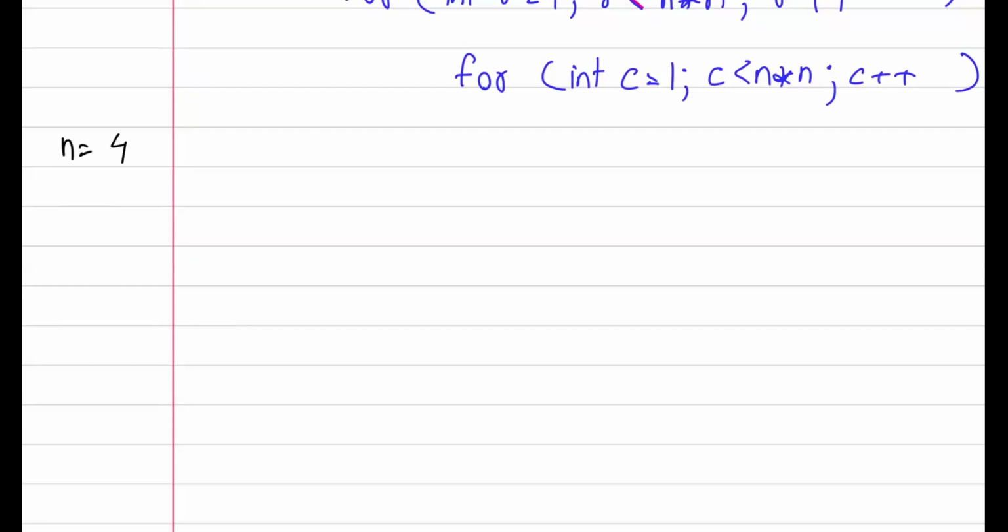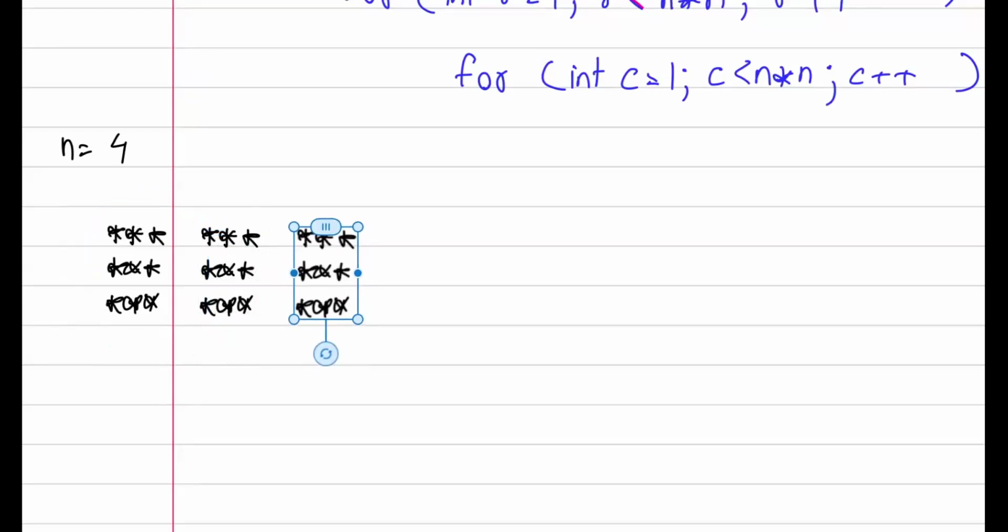What if n is 4? So the small square is 3 by 3. These are 3 stars, and then we need a space. And then let's duplicate. Another 3 stars, and then another 3 stars, and another 3 stars.